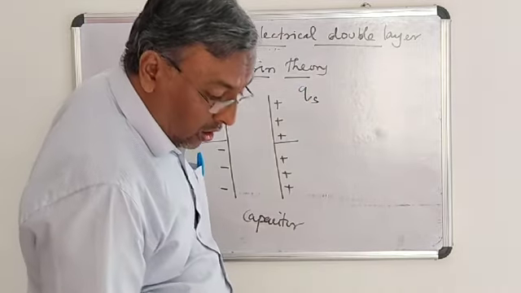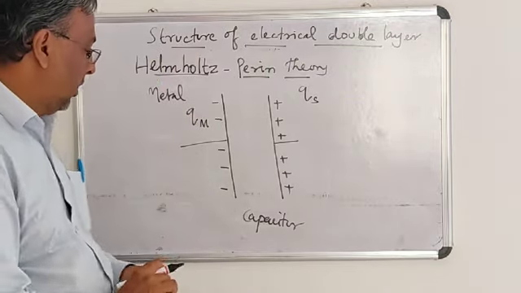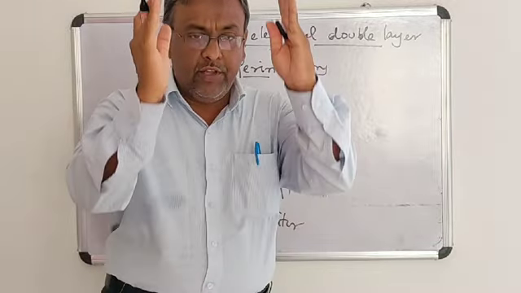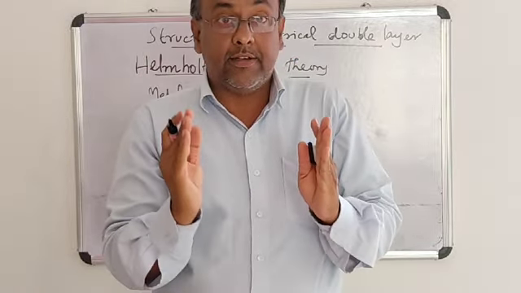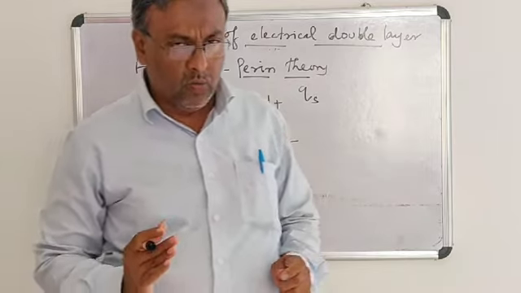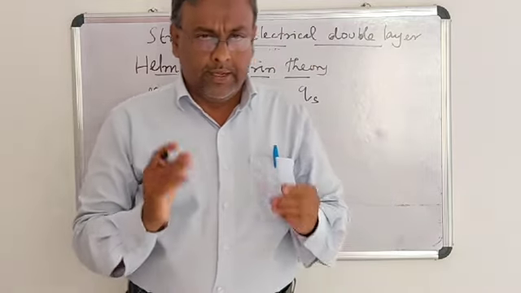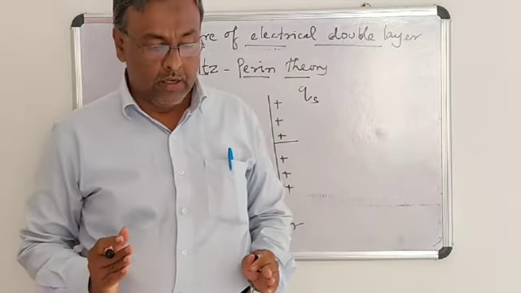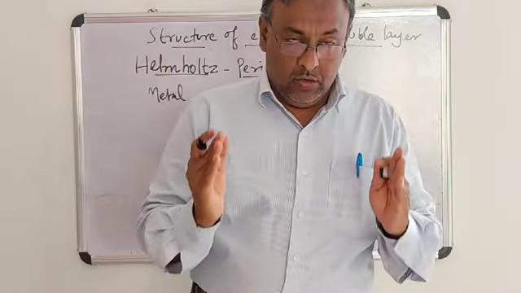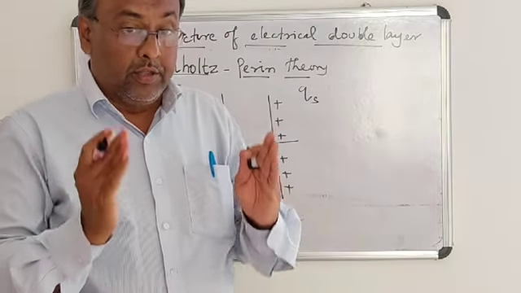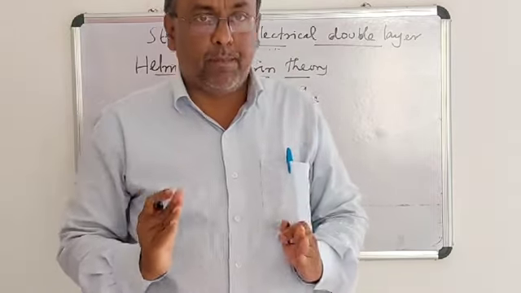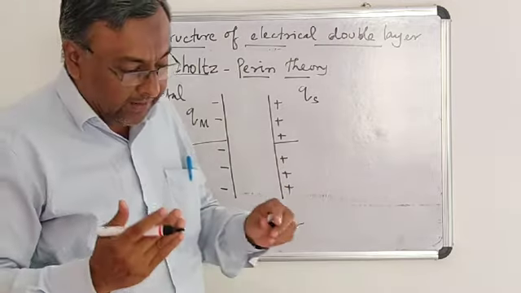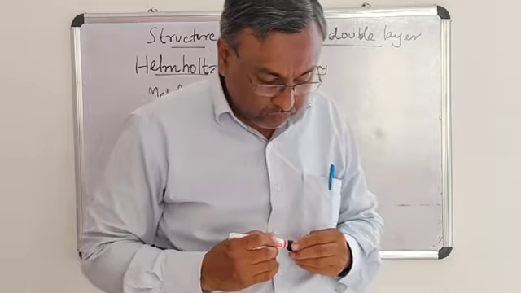According to Helmholtz-Perrin, the two charged layers are parallel to one another and act like a capacitor. A capacitor is a device for storage of electricity. There will be a potential drop between these two layers. They act like a condenser.